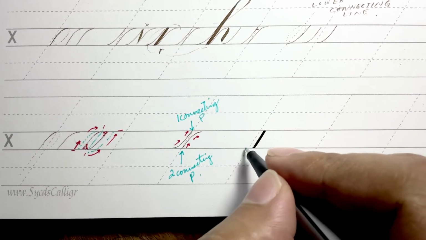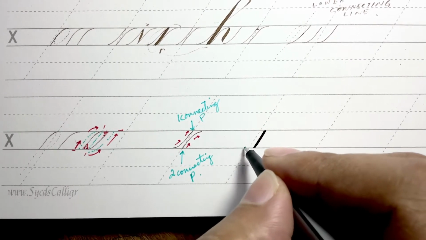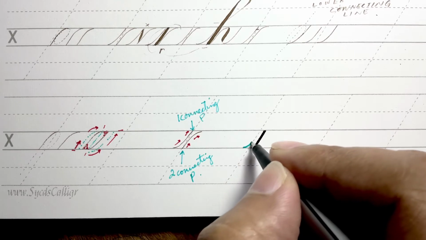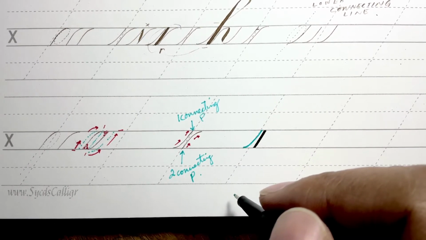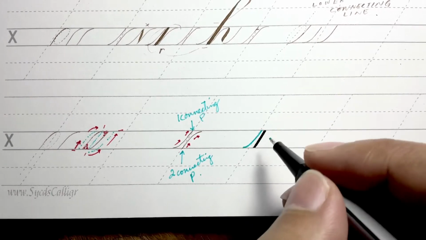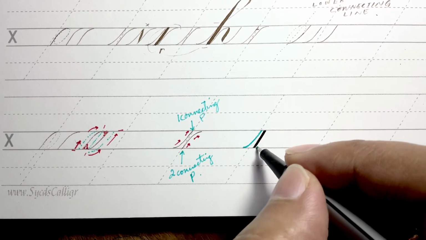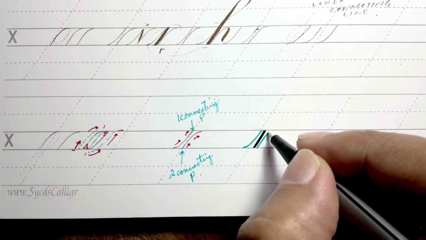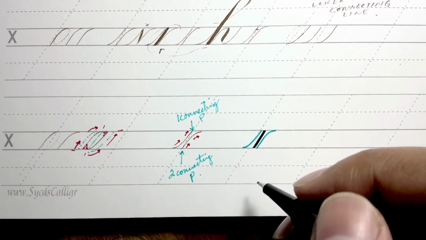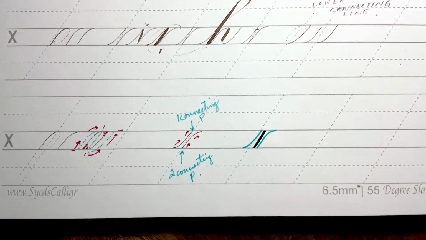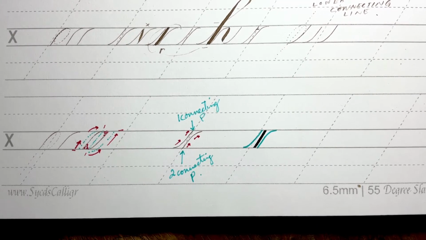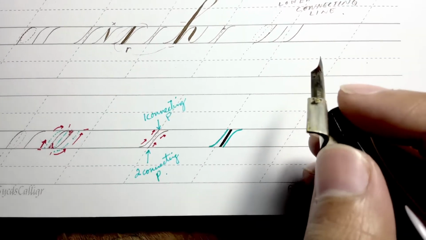The connecting line will start at the baseline, curves, and go straight on the slant angle. Similar to this, the upper connecting line will start at the baseline, go straight and curve out. I have not connected the basic stroke with this pen because it will ruin the stroke, but you will have to connect it with the oblique holder.